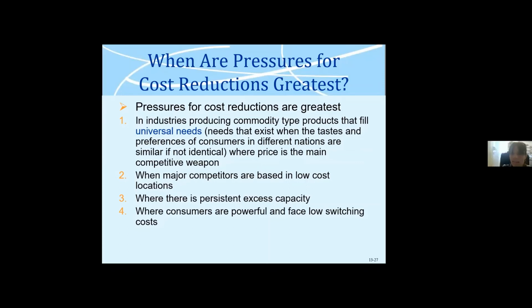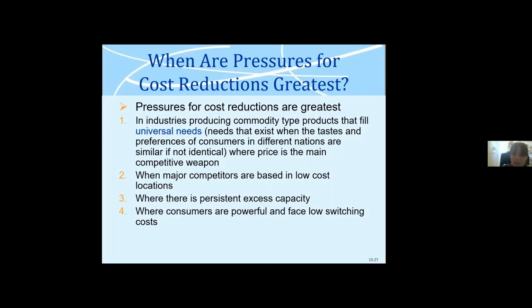So this is the case for conventional commodity products such as petroleum, steel, sugar, and so on. It also tends to be the case for many industrial and consumer products, for example, semiconductor chips, personal computers, liquid crystal display screens, and so on.